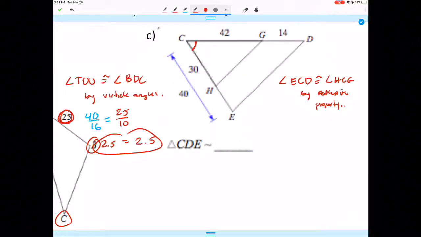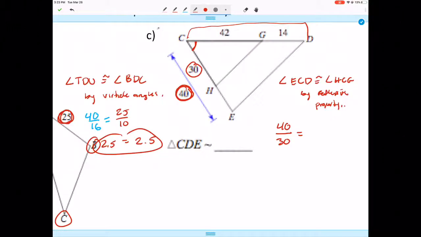sides. So here, 40 would be our long side of the triangle, divided by its smallest triangle, which is 30, and that should be equal to the length of the whole triangle, which would be 42 plus 14, which gives us 56, divided by the smaller triangle, which is 42.